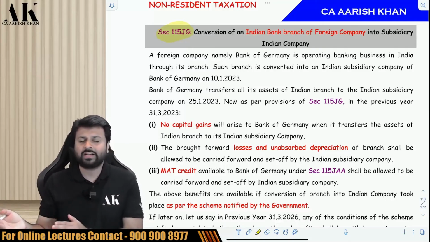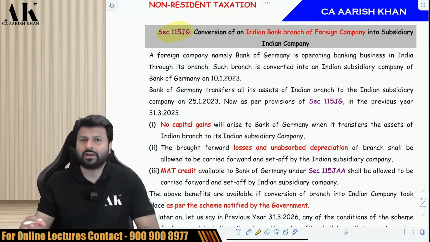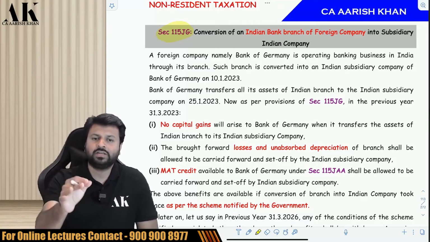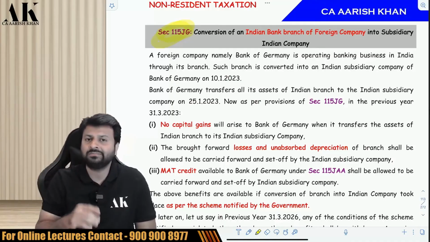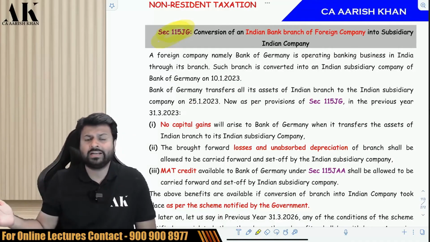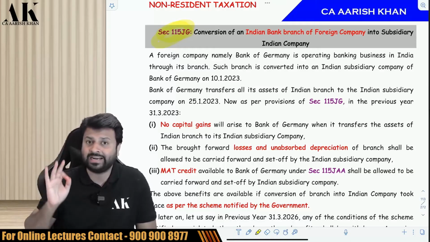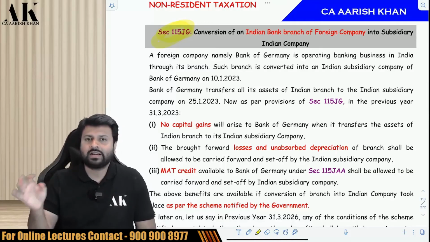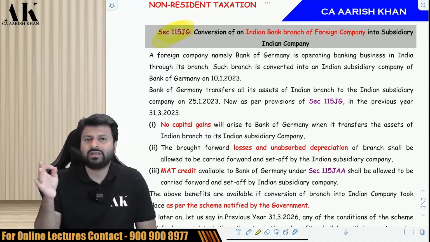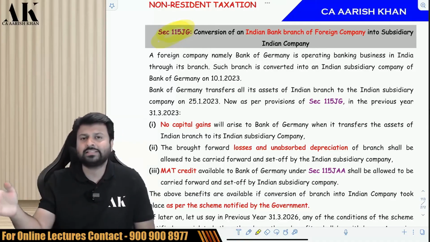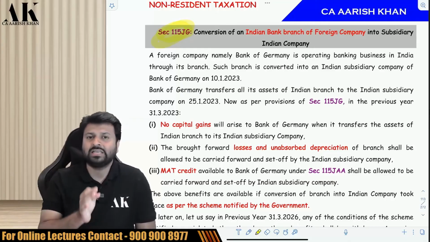Whatever UAD I transfer, will you allow? Whatever MAT credit I transfer, will you allow? So the government gave a positive answer under section 115JG that if a foreign bank has a branch in India, and if they wish to convert that into an Indian subsidiary as per the RBI guideline, then whatever assets they transfer will not be subject to capital gains.